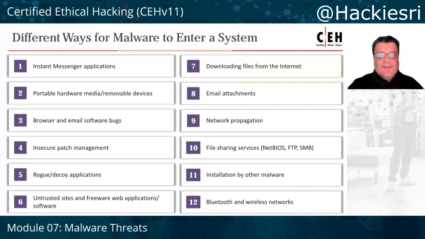I would like to add to that number 13. Even in an air-gapped system, it is possible to install malware with a surreptitiously installed USB download. So even that can be overcome despite the fact that the system itself is air-gapped.